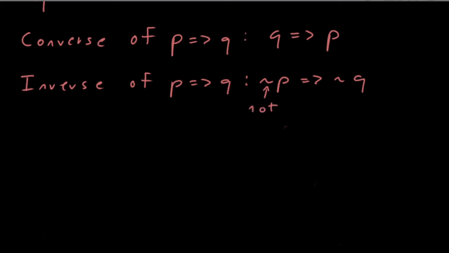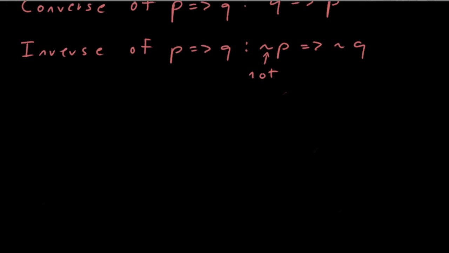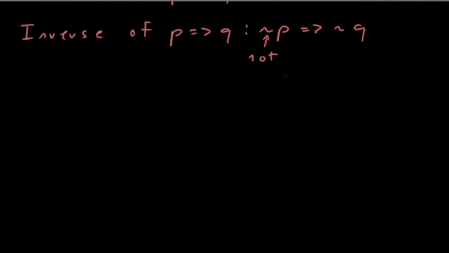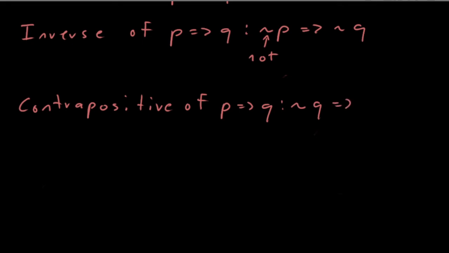So if the statement P was, it is raining, then not P would be, it is not raining. That's pretty much it. Now the contrapositive of P implies Q is going to be not Q implies not P.